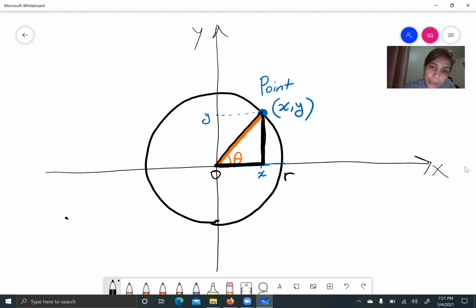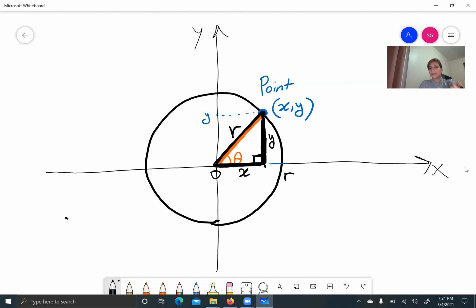First of all, this is a right triangle, right? The length of this side is x, the length of this side is the same as the y value, and the size of this hypotenuse is just r. What is r? r is the radius of this circle.